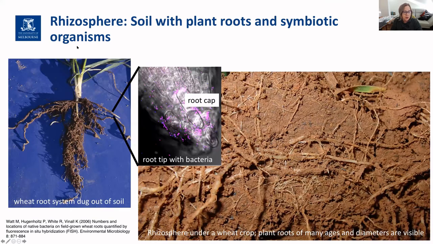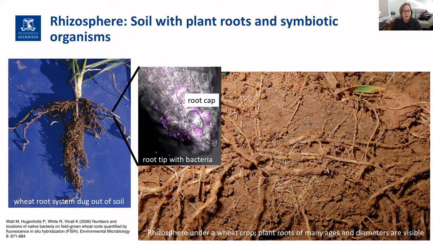Now, in my definition of the rhizosphere, I include the soil space that has both the plant roots and all its associated symbiotic organisms. There was, I guess, an ongoing phase where roots were actually separated from the soil in this definition of the rhizosphere.